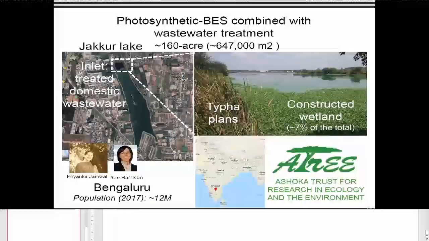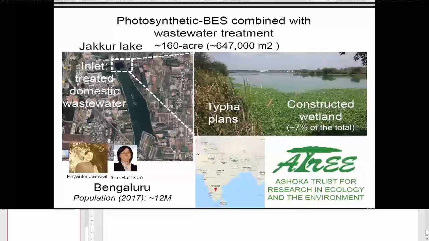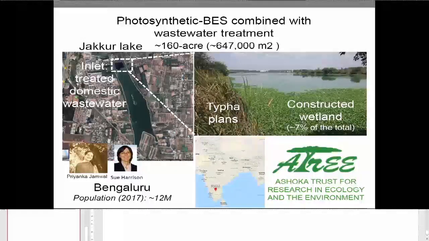So the first one is a project that we are doing in collaboration with some colleagues from India and some colleagues from Cape Town in South Africa. So the idea is we try to combine the process of bioelectrochemistry, photobioelectrochemistry, with wastewater.